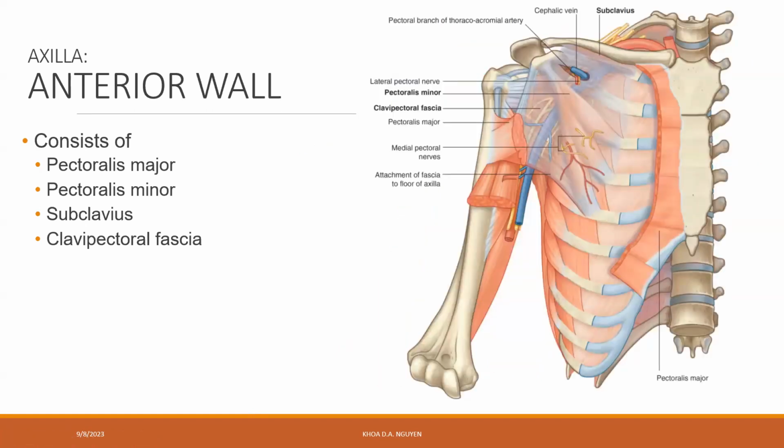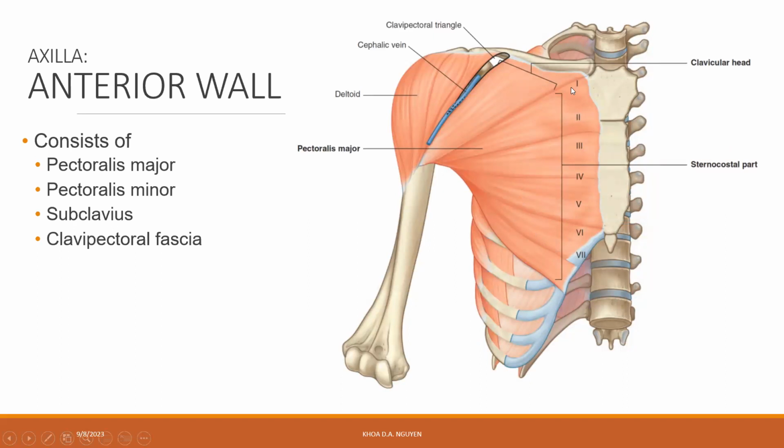So now, let's talk about these components in relationship to each other. You can see here that the pectoralis major is the most superficial component of this anterior wall.